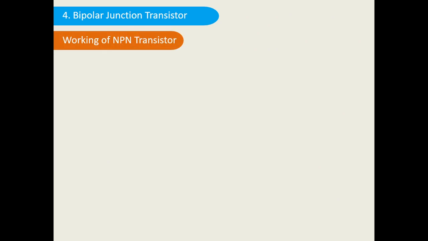So, working of the NPN transistor. First I will give you the idea here. Suppose this is an NPN transistor: N, this is P, and again this is N. This side is the emitter side, this is the base side, and this is the collector side.